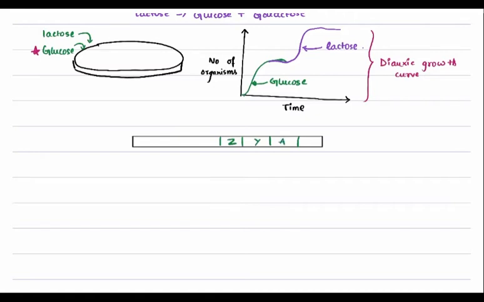And like I said, we are going to have a promoter element upstream of the whole structural genes. Let's denote this as the 5' end, and this as the 3' end. Apart from the promoter element, we are going to have the operator element.